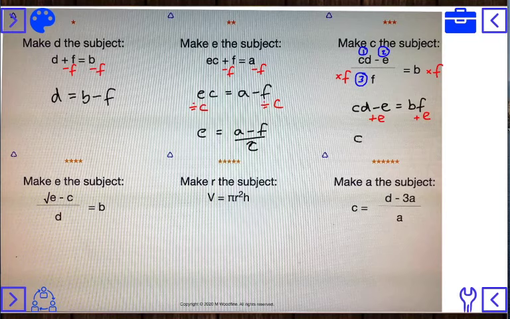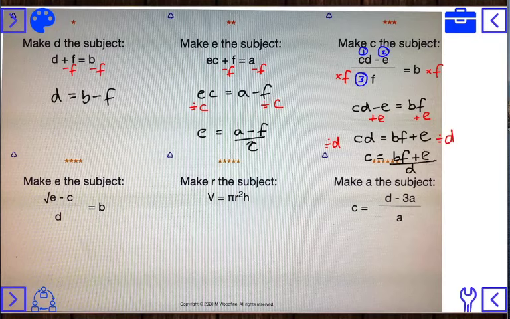So I get CD is equal to BF plus E. I now need to get rid of times by D, so I will divide by D on both sides. So C is equal to BF plus E all divided by D. So that is making C the subject.